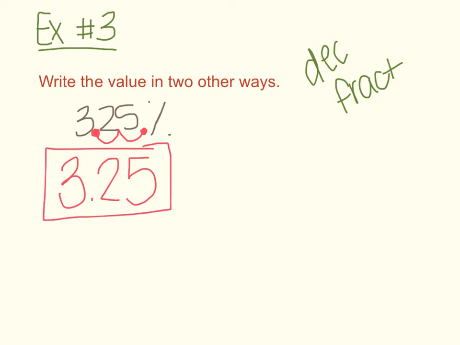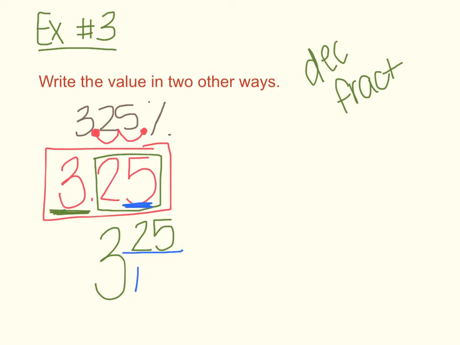For our fraction, we keep the whole number, which is 3. We take the fractional part, which is 25, and we put it over the last digit's place. The 5 is in the hundredths place, so we put it over 100.